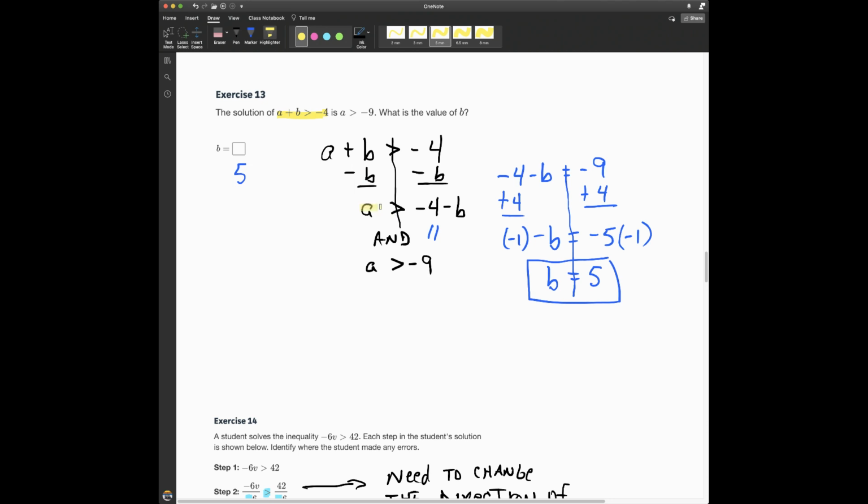And I end up with a is greater than negative 4 minus b. And I already tell you what the solutions are. A is greater than negative 9. So that means that on the right-hand side, those two expressions must be equal. So I set them equal to each other. I go back and use my skills from chapter 3, and I end up with b equals 5.